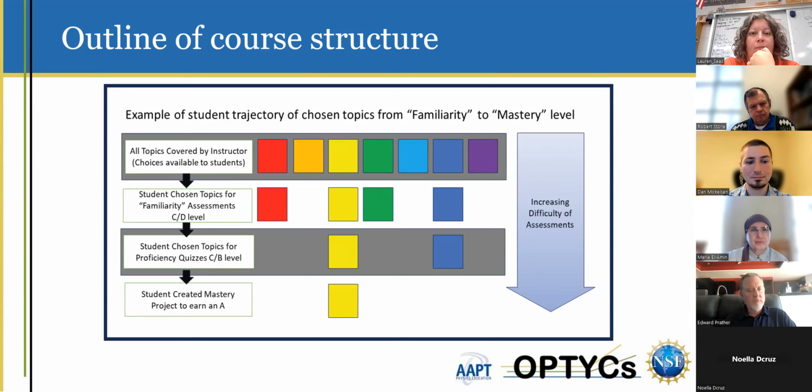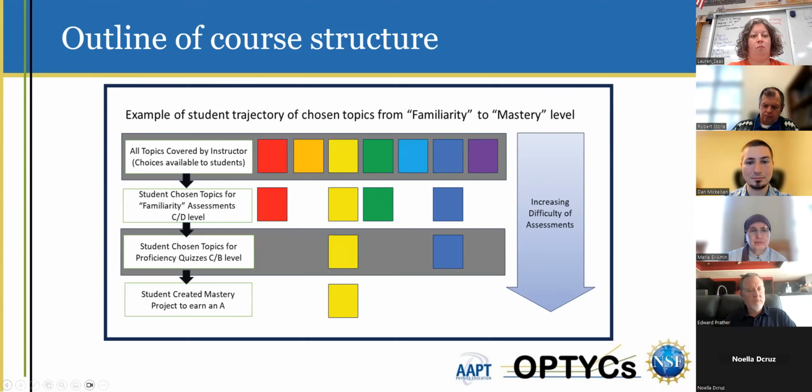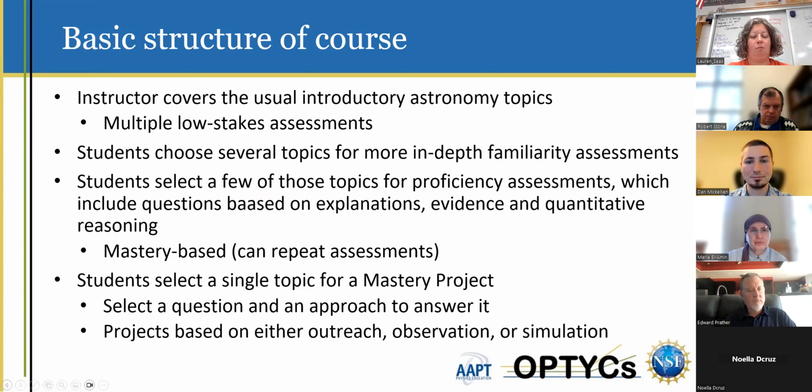And the mastery topics, I'm going to go ahead and switch to what the mastery topics were. Oops, I'm sorry, I skipped a slide. Let me back up. There they are. The instructor covers the usual topics, as I said, and their mastery topics were based on a question, and how would you answer that question?